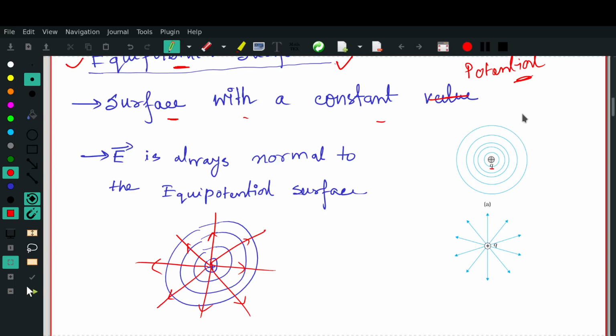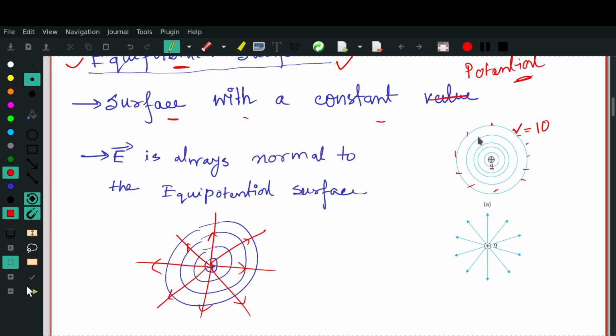So let's say V on this outer sphere is given by 10. So this is an equipotential surface. On all of the points the electric potential is the same on this surface.